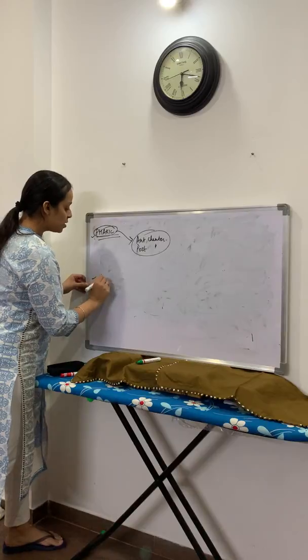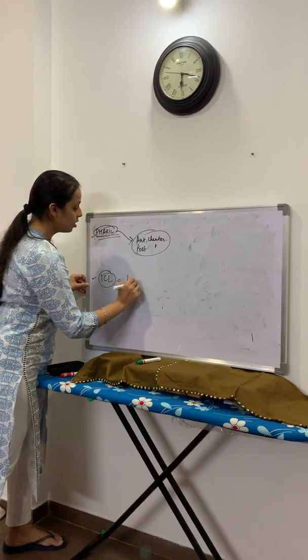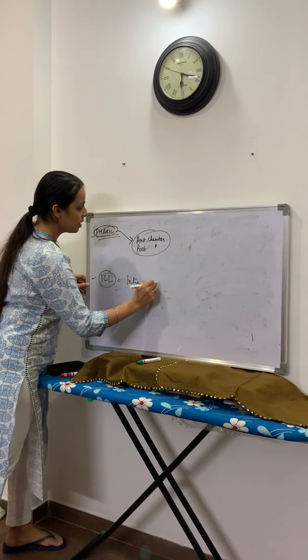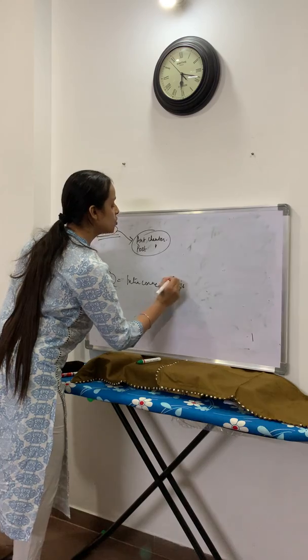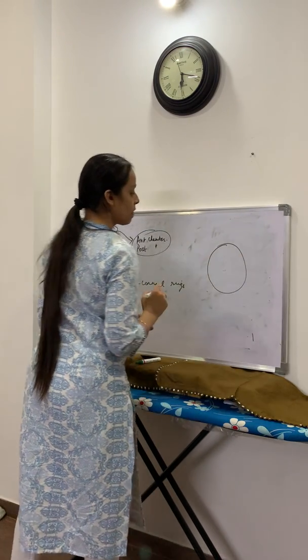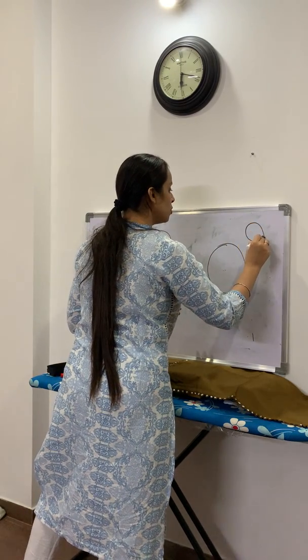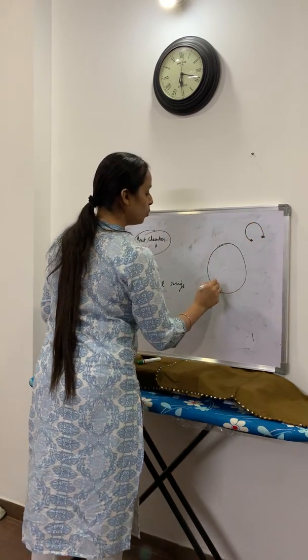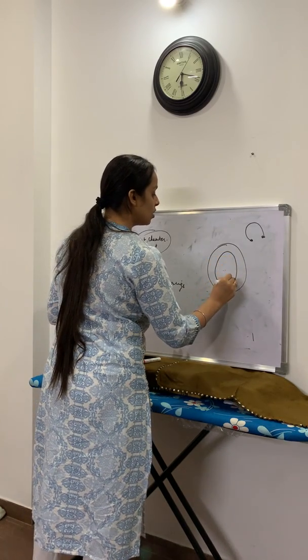Another important thing is ICR, intracorneal rings. You take a ring sort of a thing, this ring is not complete. You make a tunnel in the cornea, and you insert this ring inside the cornea.